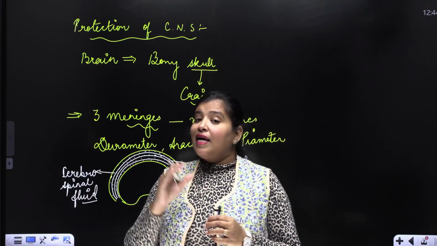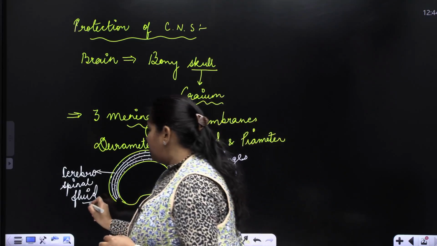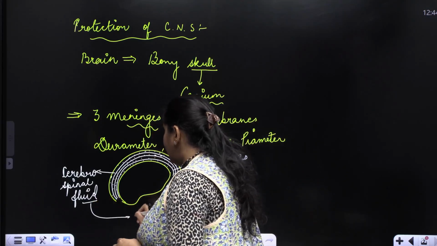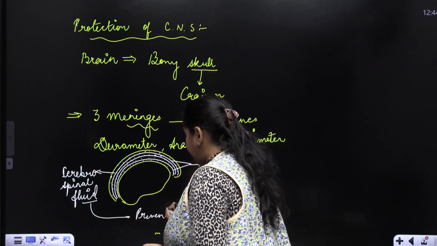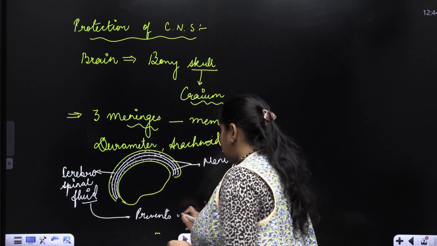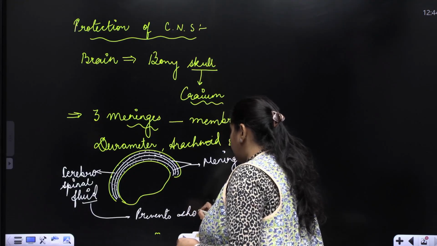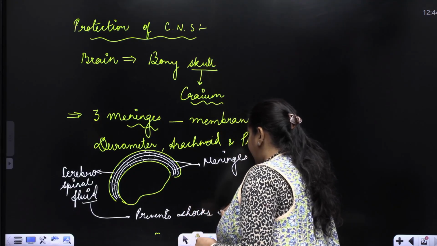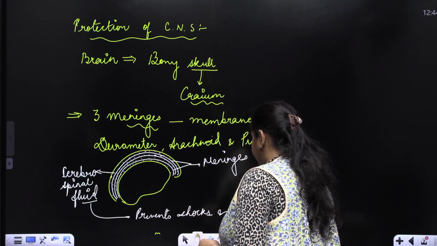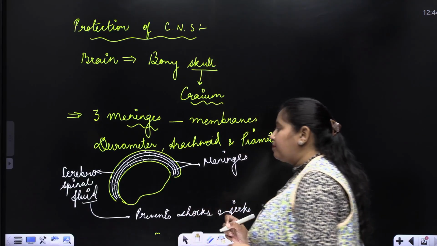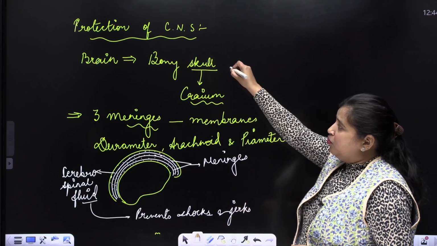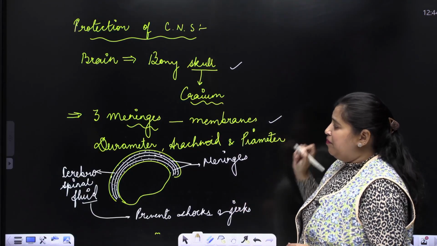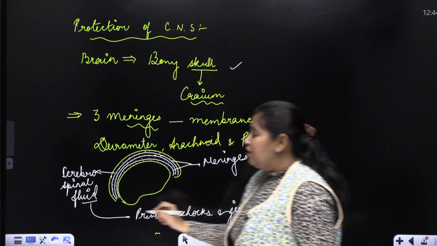So to provide that level of protection, the cerebrospinal fluid is present, which protects the brain from shocks and jerks. So this is the level of protection the brain has: the bony structure and the membranes. And the third thing, the fluid.